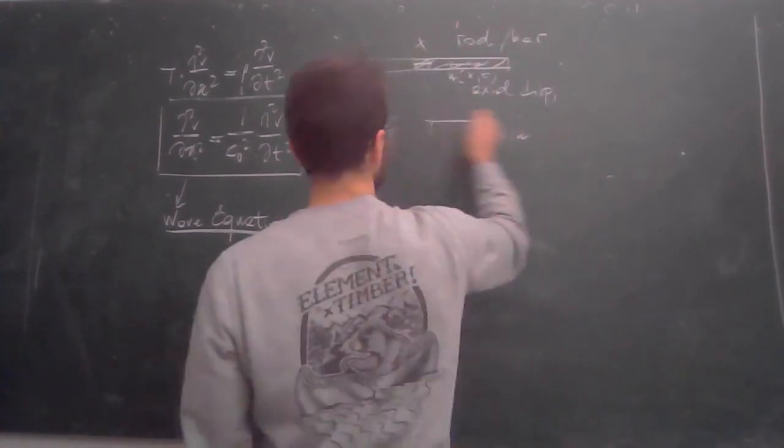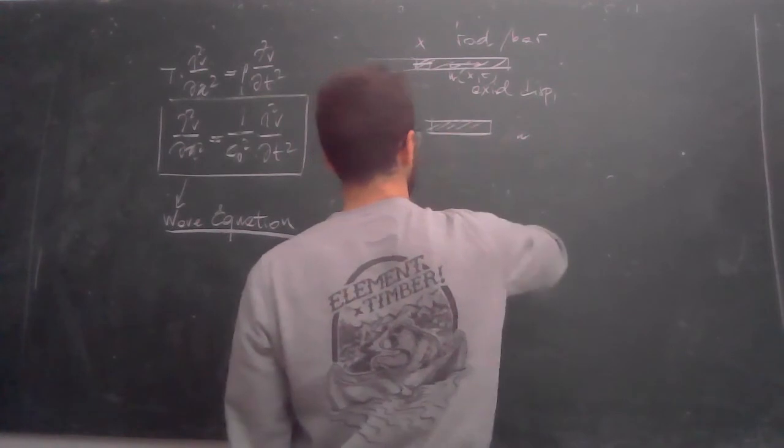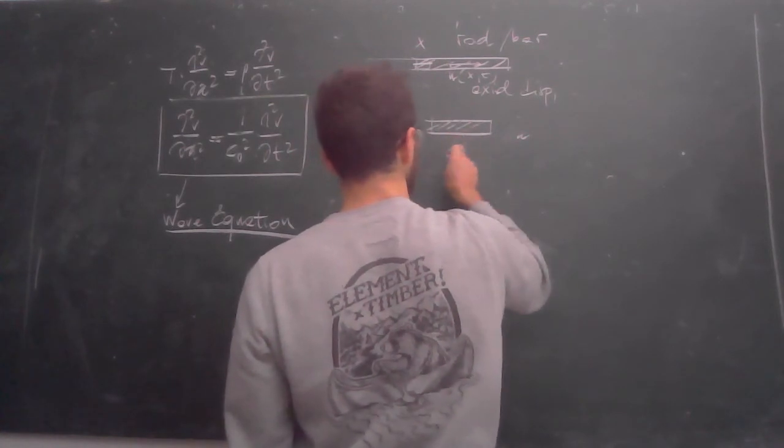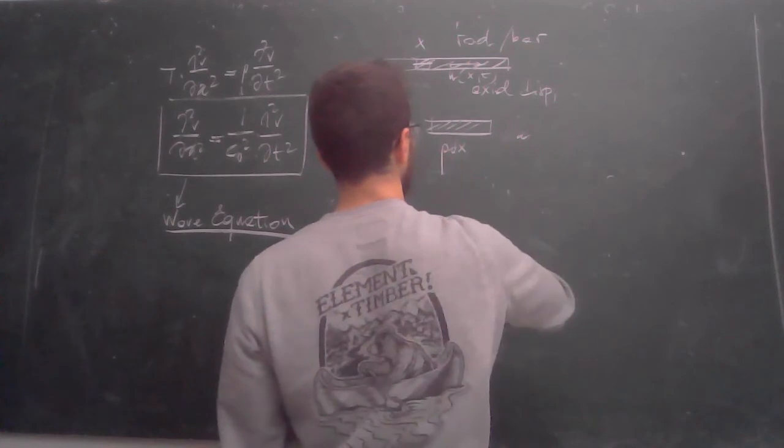So let us consider the equilibrium equation. We have the element dx with mass rho dx.